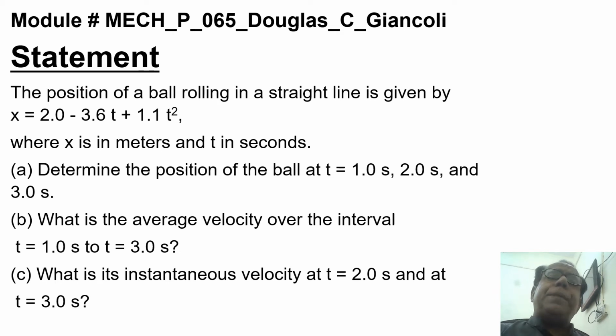In part B, what we have to find is the average velocity over the interval t equal to 1.0 second to t equal to 3.0 seconds.